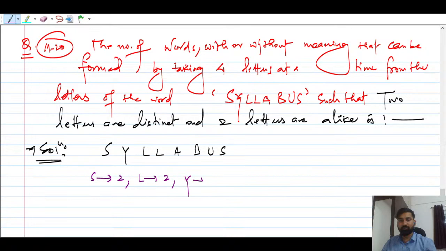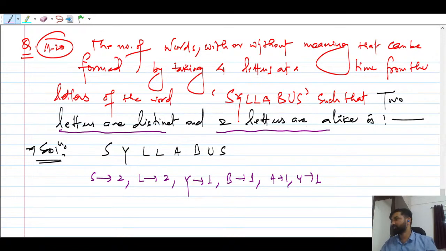And then Y is 1 and B is 1, and then A is 1 and U is 1, right? So 2 letters are distinct, 2 letters are alike. What is the answer here? Anybody?